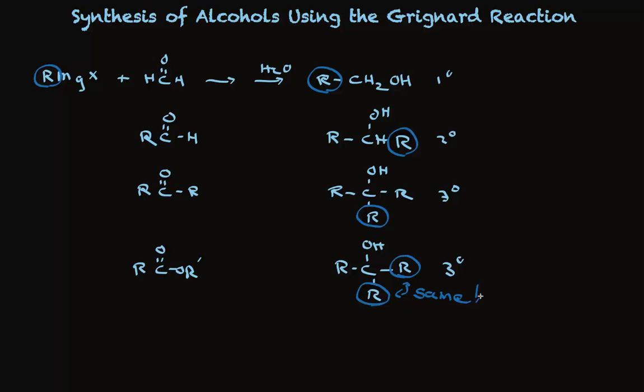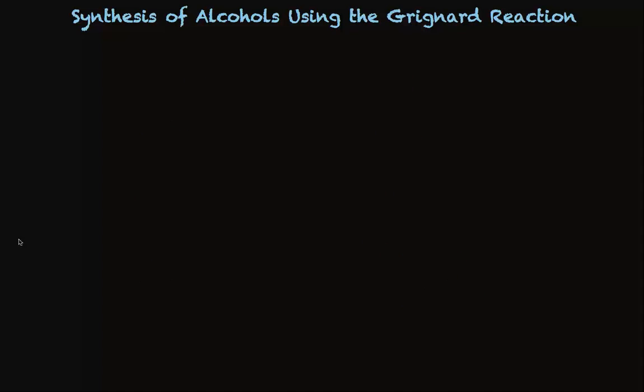Very, very powerful. Let's take a look at how we could use the Grignard reaction to plan the synthesis of alcohols. Recall when we plan the synthesis of alcohols, we think backwards. We look at the target and ask ourselves what this could come from.